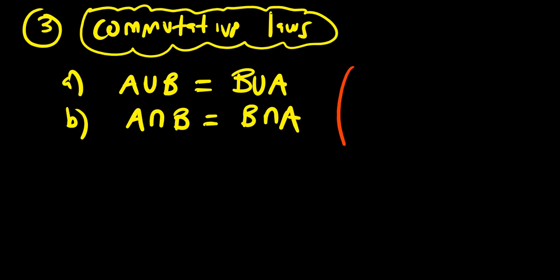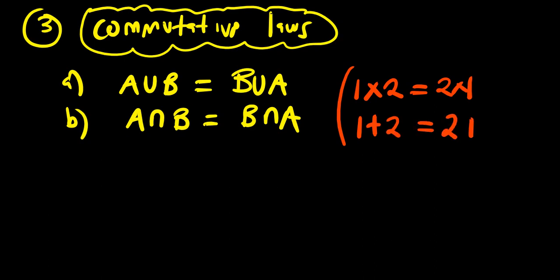It's just like plus and multiplication. Because we said the union is just the same as multiplication, right? So if I say 1 multiplied by 2, is it the same as 2 multiplied by 1? Then the intersection we say is just the same as plus. If I say 1 plus 2, will it give us the same answer as 2 plus 1?